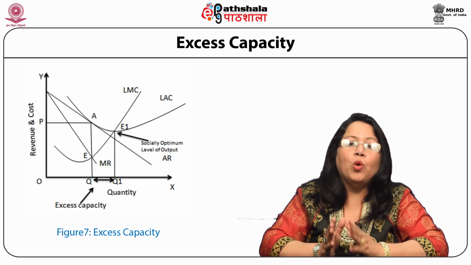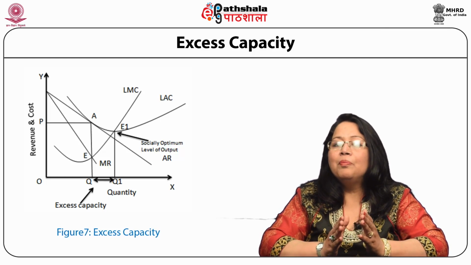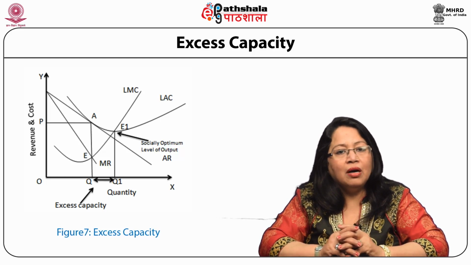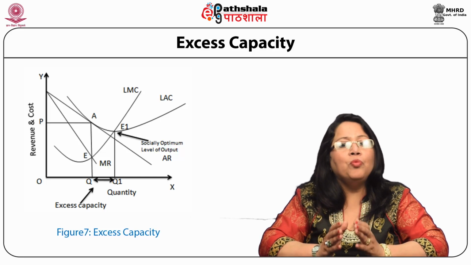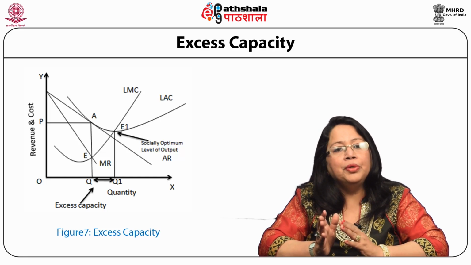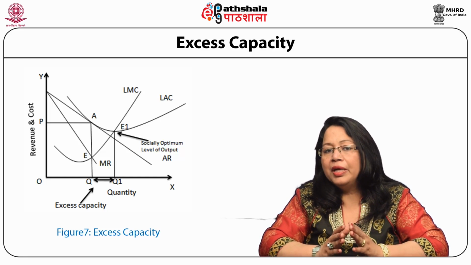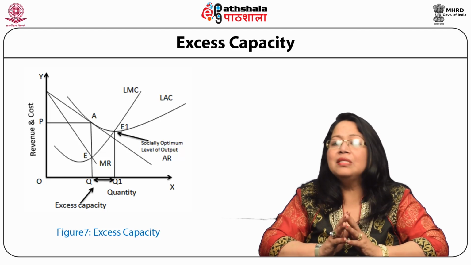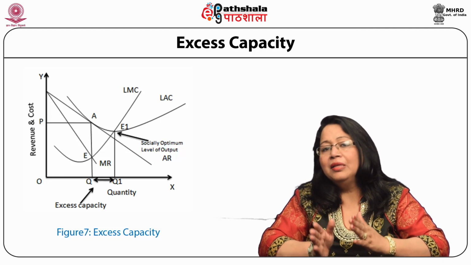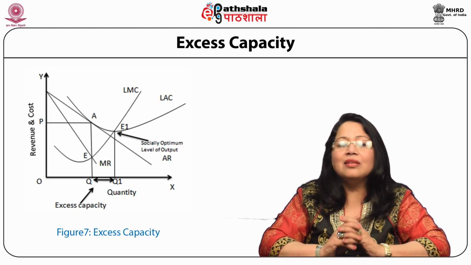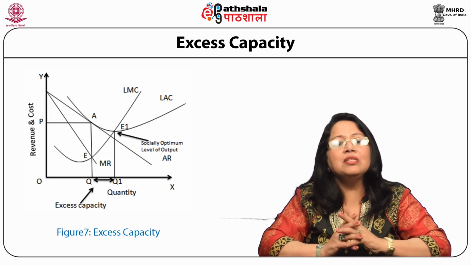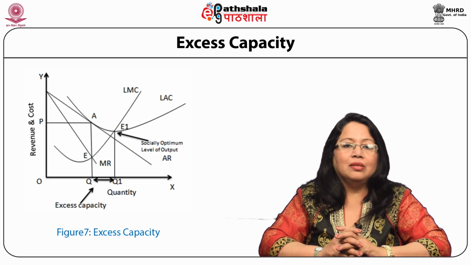The socially optimum point of production is point E1 on the long run average cost curve, which is the minimum point of average cost. A firm should produce up to this point, but under monopolistic competition, it is producing less than this point, which is known as excess capacity. OQ1 is the excess capacity which a firm is not producing.